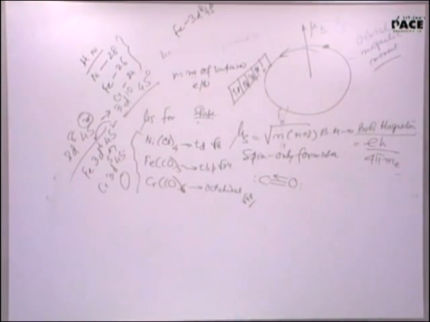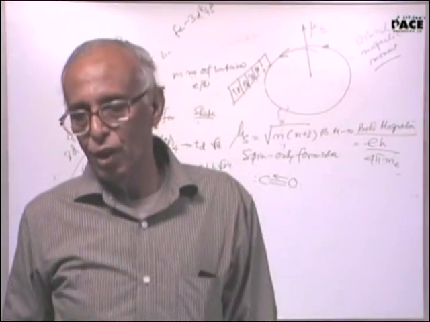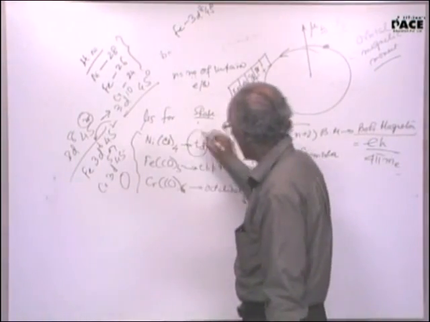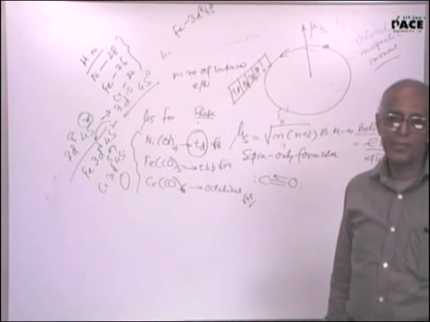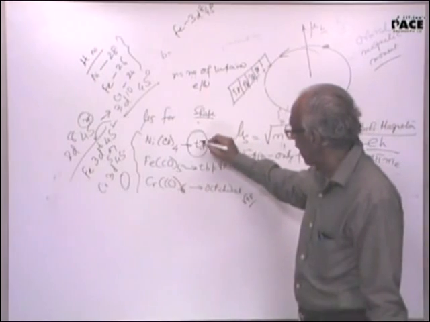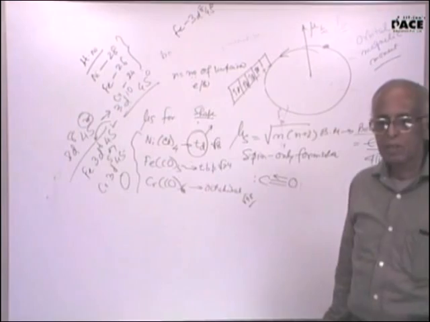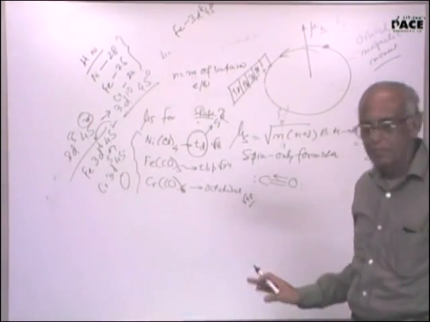So all are diamagnetic. Now the question is, why do I have to transfer the S electron to D? I have given you the shape. Nickel tetracarbonyl is tetrahedral. If it is tetrahedral, what is the hybridization? sp3.